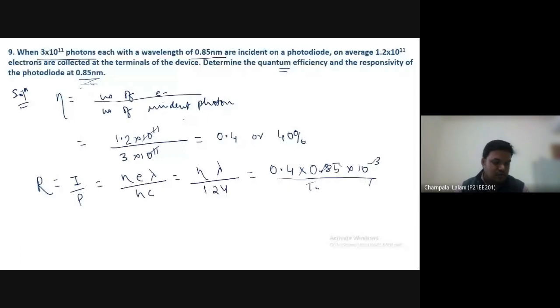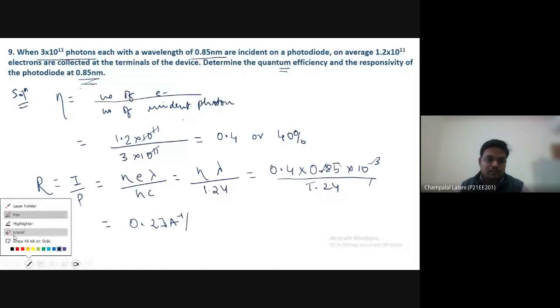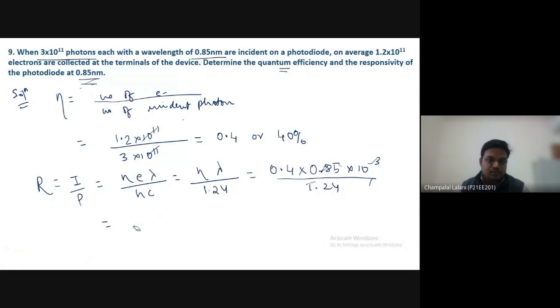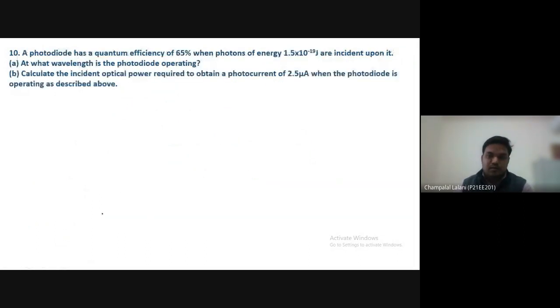So this you will get 0.274. This is the answer. Let's move to the next question.